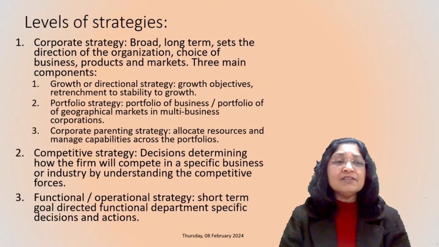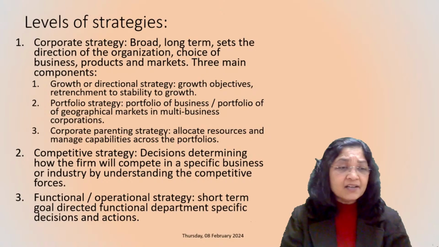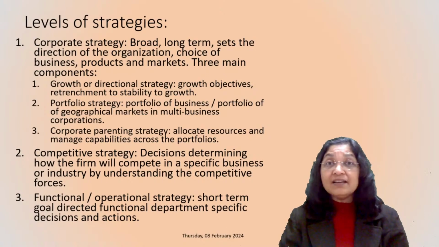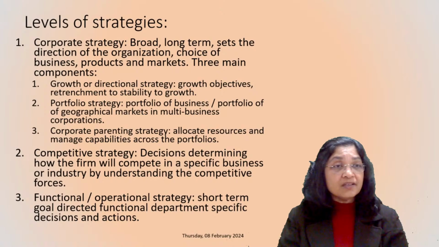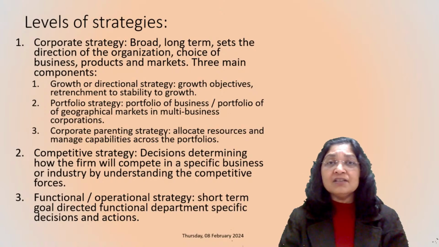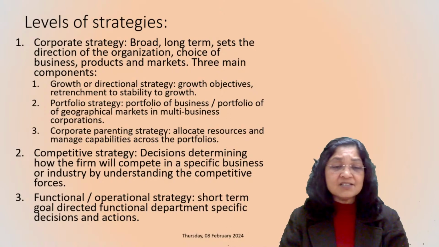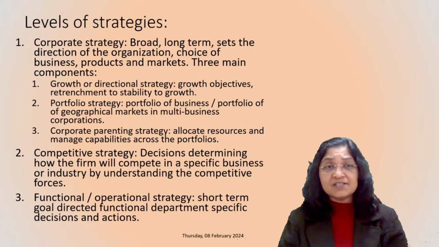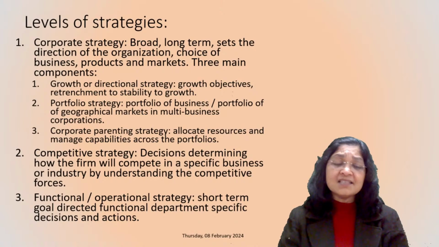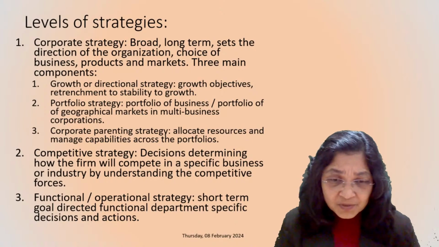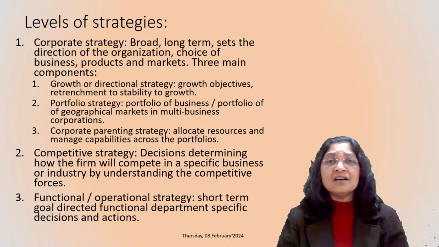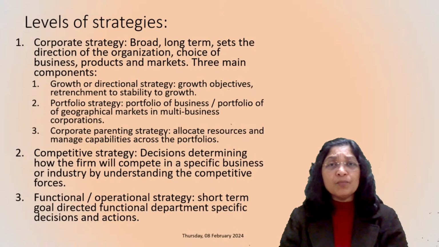Okay, levels of strategies. There are three levels of corporate strategies. There is a corporate strategy, the second level is the competitive strategy, and third is the functional or the operational strategy. Now, corporate strategies, as we can understand from the term, are very broad.